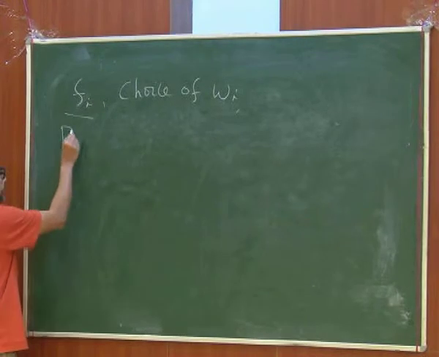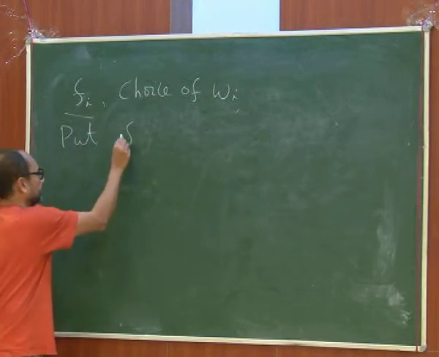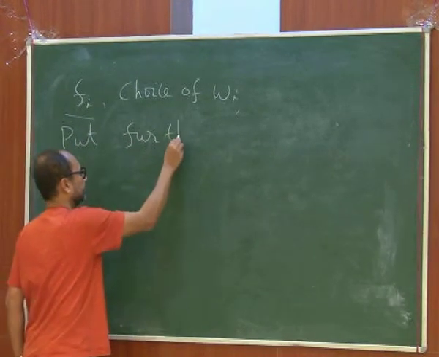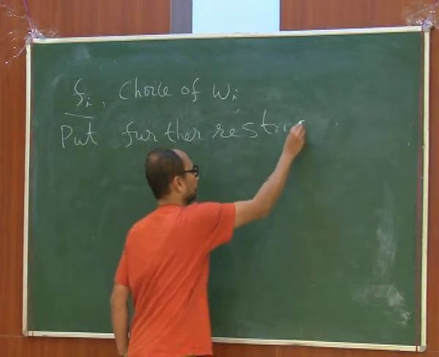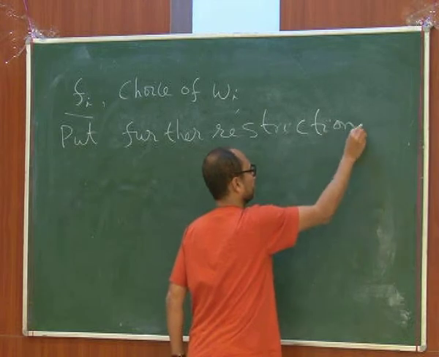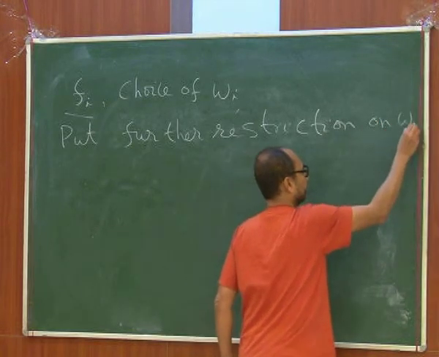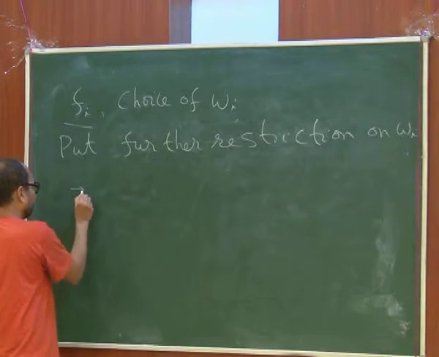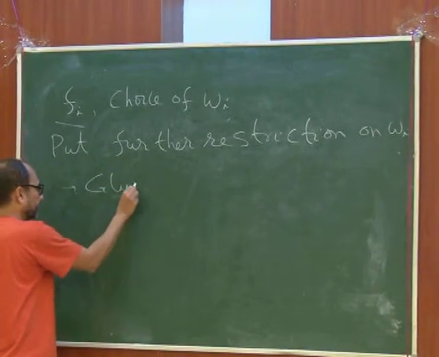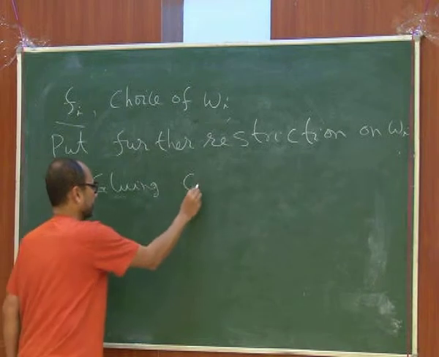We now put further restriction on the choice of local coordinates on Wi or equivalently Fi. And this is what we will call gluing compatibility, and I will explain what this means.